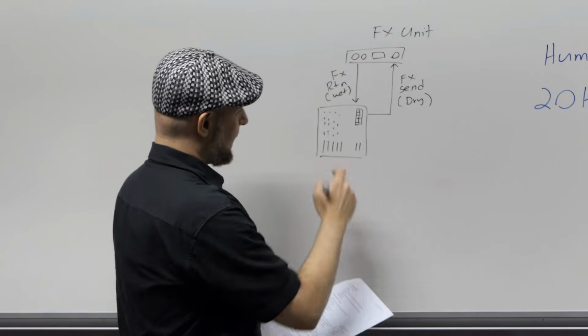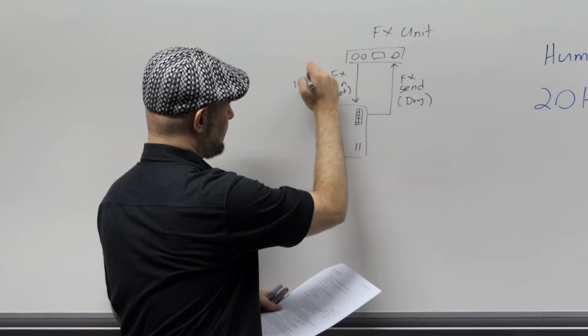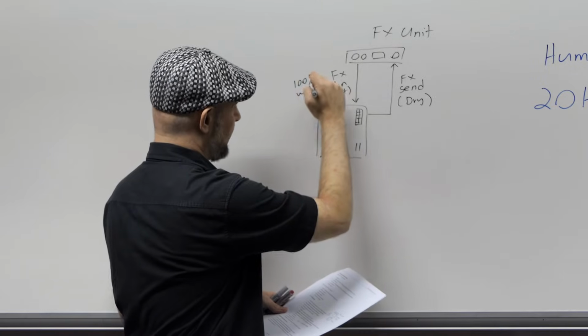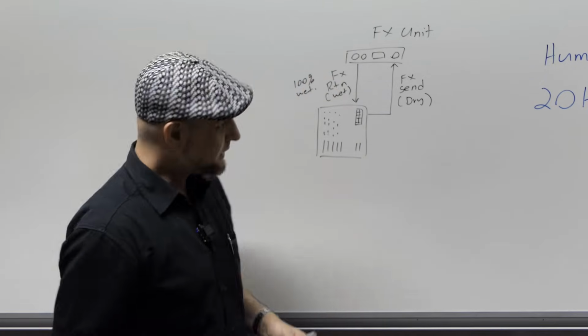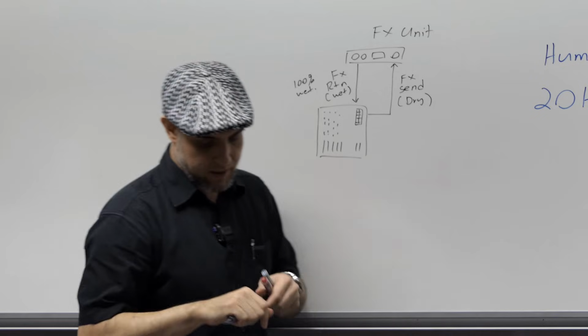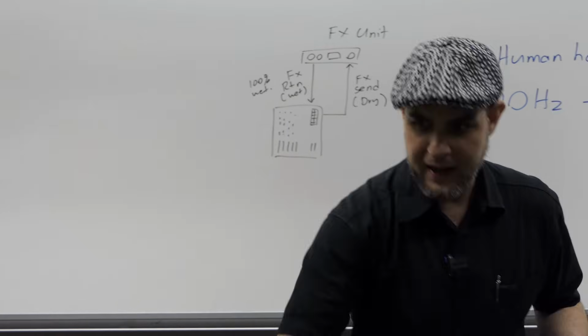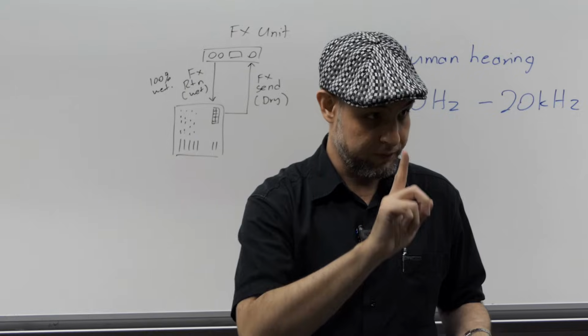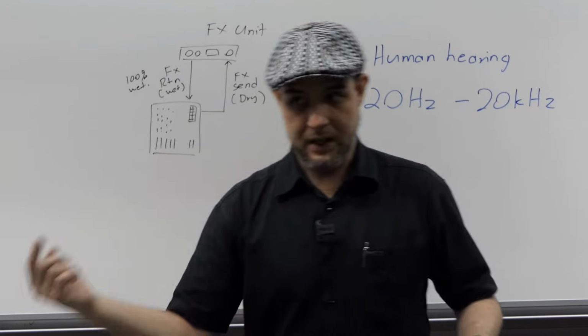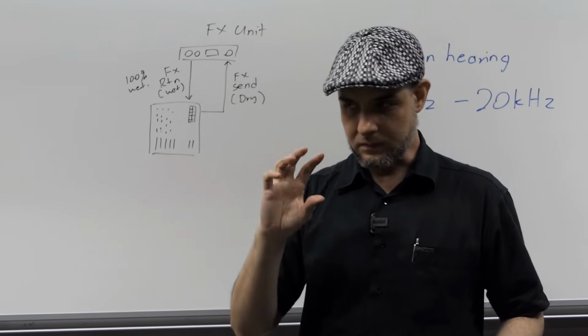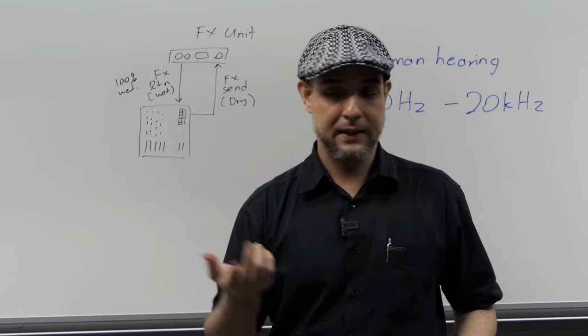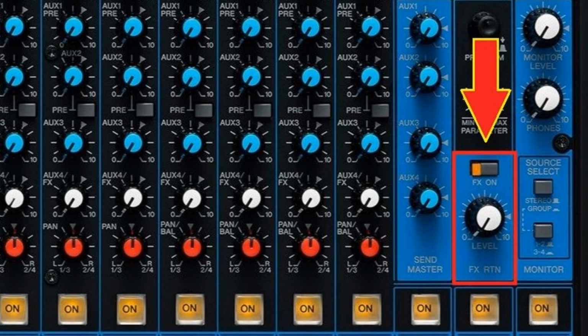And in live sound, this is 100% wet. The idea is that you blend the dry sound, because we understand that the fader is the dry sound, no effect. The effects return is 100% effect. On this board, it's this knob here.